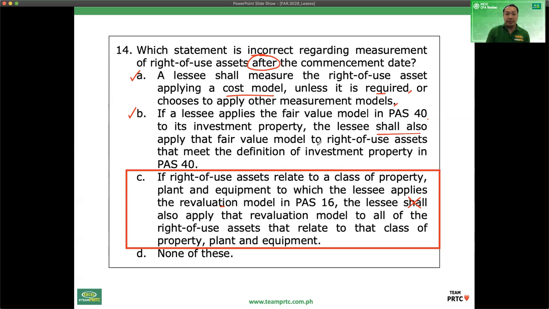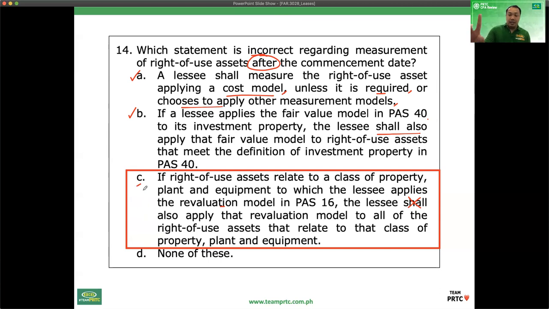So the word shall also apply is wrong. So notice the difference. When it is investment property, and the entity uses the fair value model, the right of use asset that is investment property must also use the fair value model. But when the right of use asset is PPE, and the entity uses the revaluation model, applying the revaluation model is optional. It is not required. So as a rule, cost model. Unless required, this is the required one in letter B. Or chooses to apply, this is letter C.